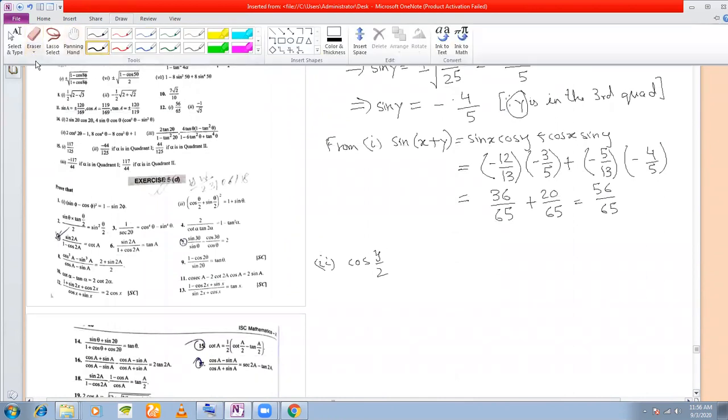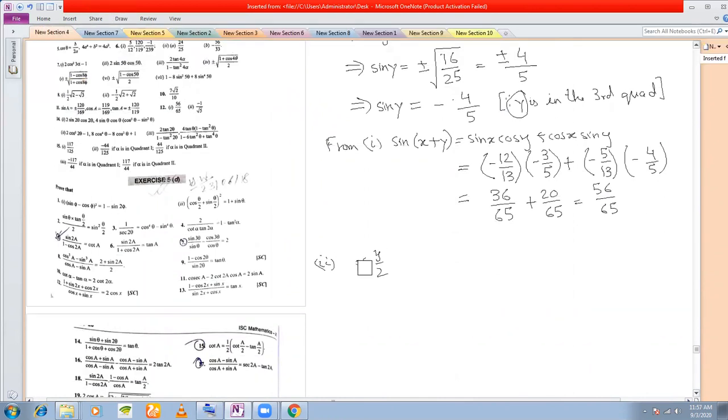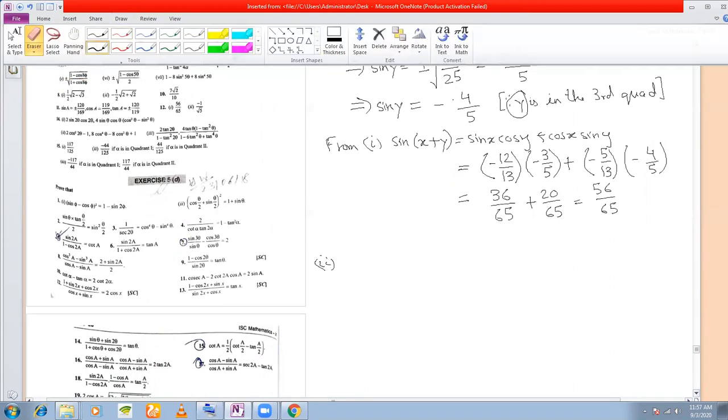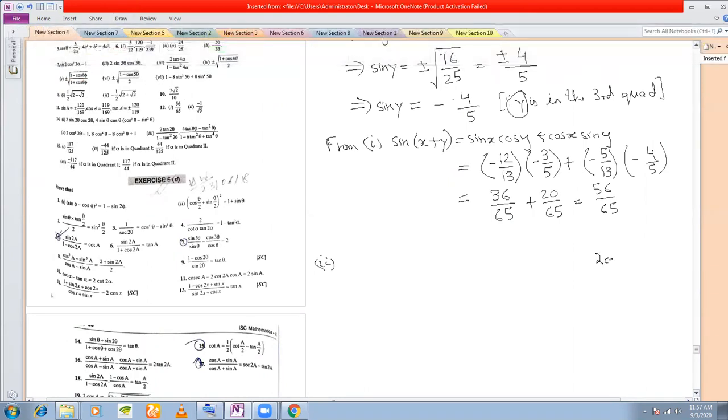We use this formula here. We use 2 cos square theta is equal to 1 plus cos 2 theta. This is the formula that we are going to use. If you see, this angle here is half of this angle, half of 2 theta, right?